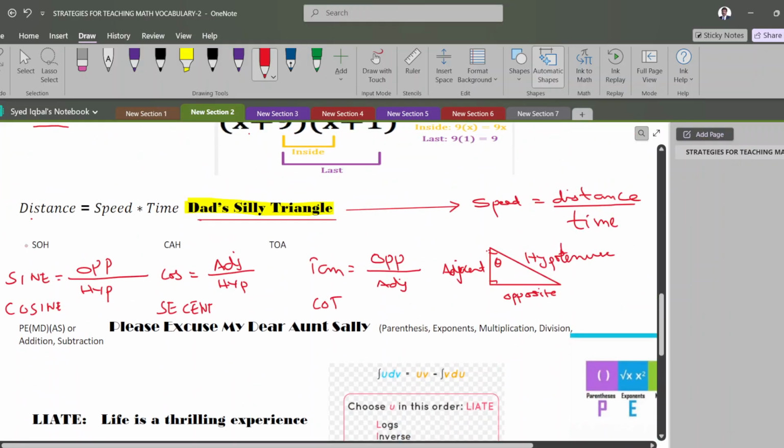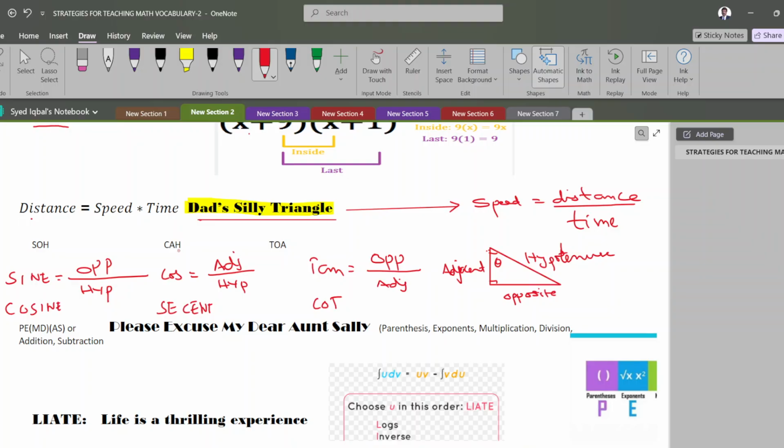Then the SOHCAHTOA method, to remember sine and cosine. Sine is opposite by hypotenuse, then cos, tan. You see, all 6 trigonometric ratios are introduced very easily.